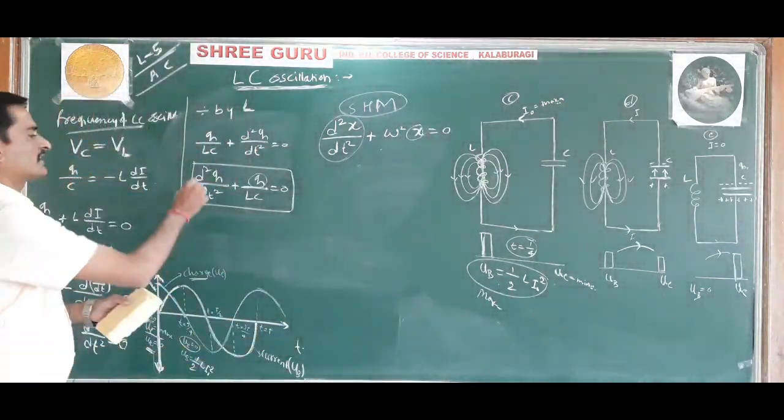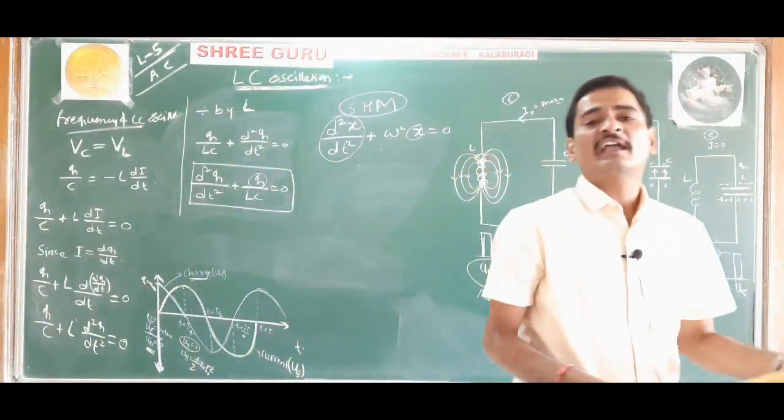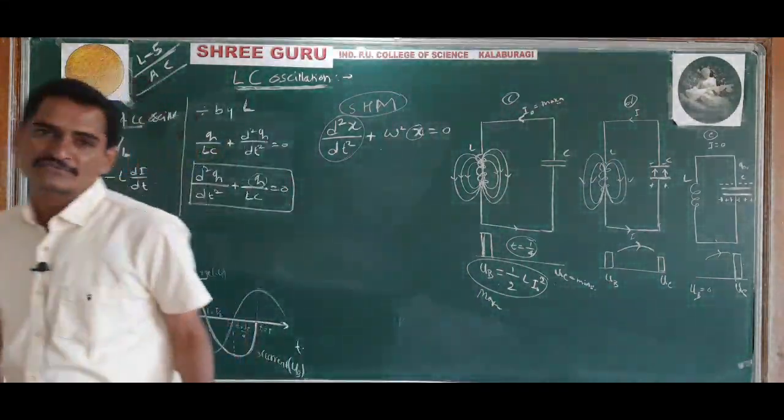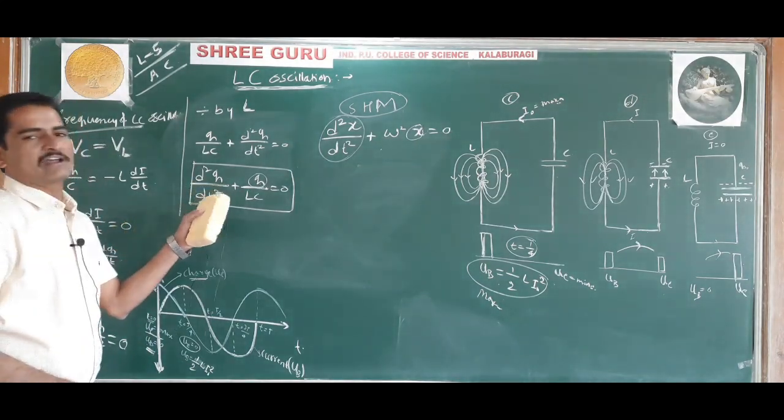That is the rate of change of current, nothing but di by dt only.